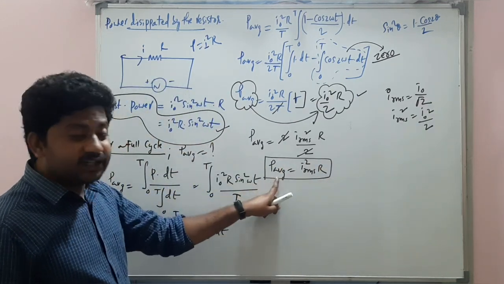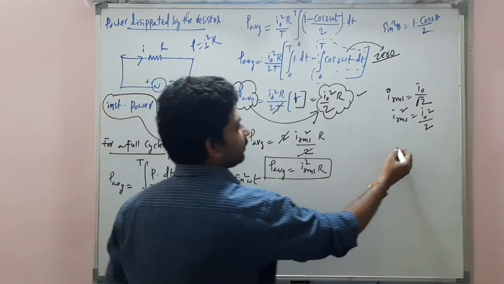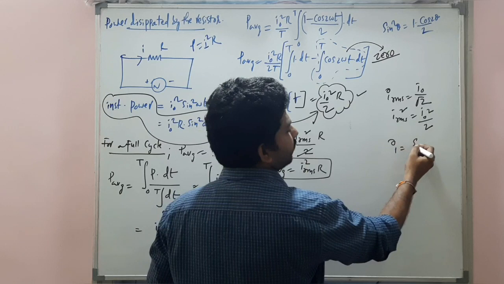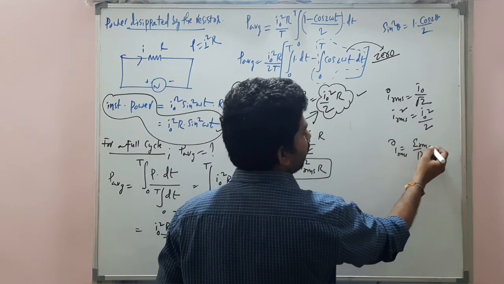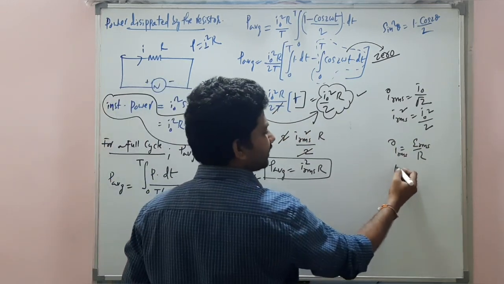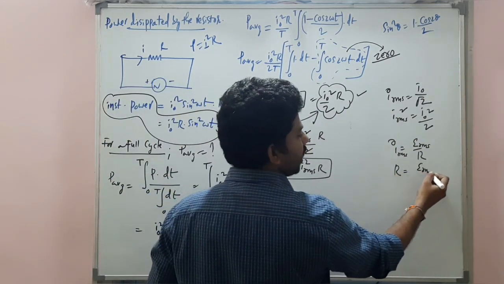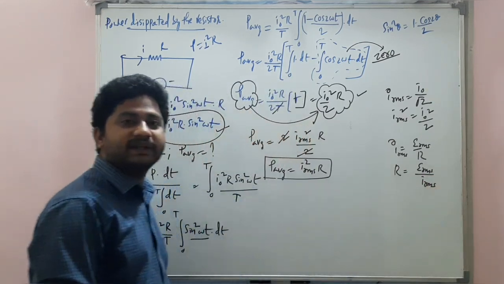The same average power consumed you can write in terms of ERMS because I is equal to E by R. So when you write this is IRMS and this will obviously be ERMS. From here resistance is equal to ERMS by IRMS. No further confusions, my dear children.